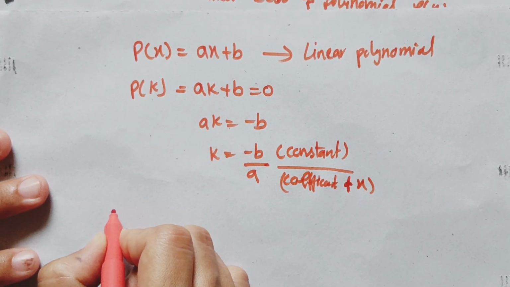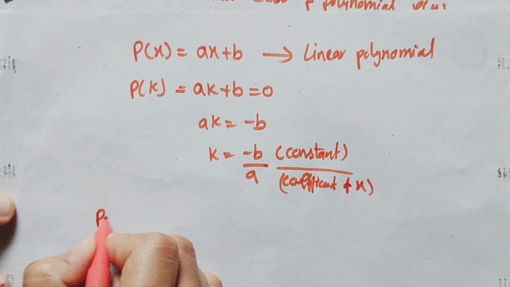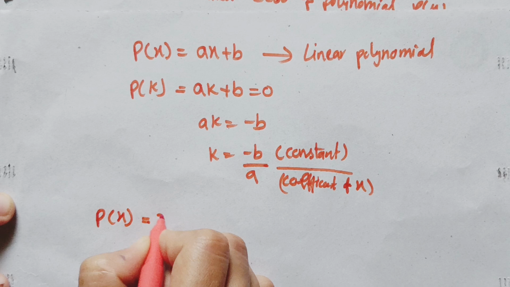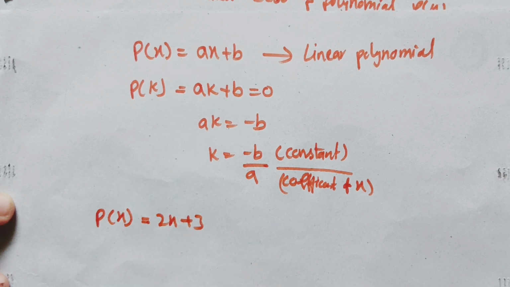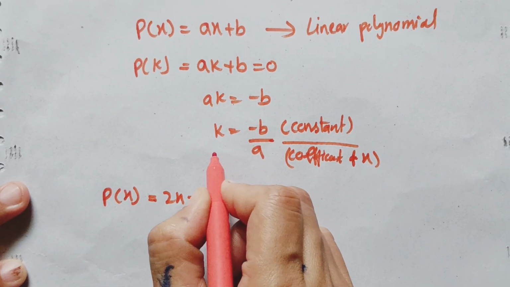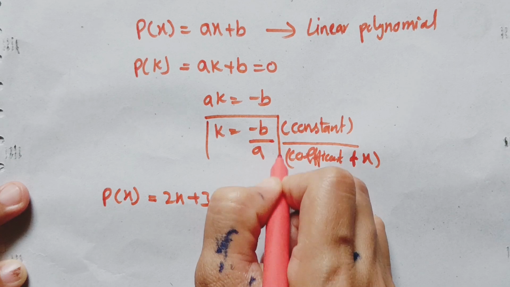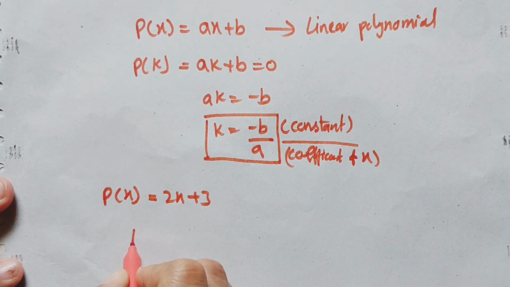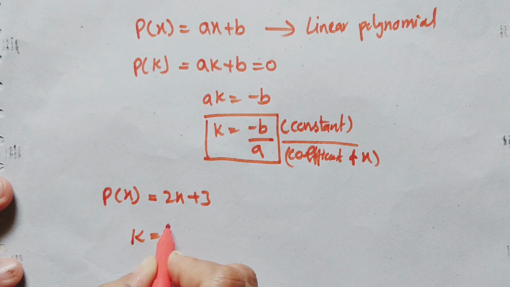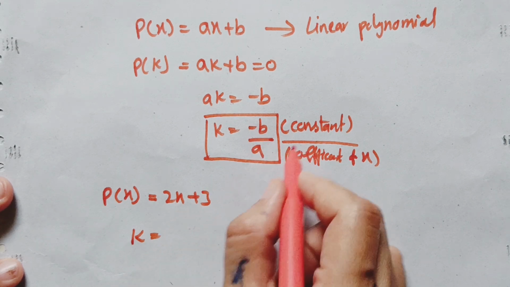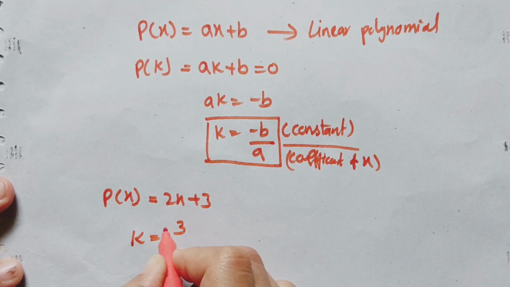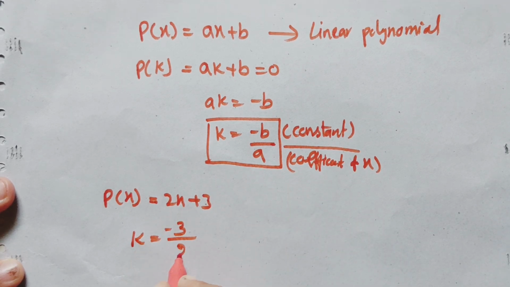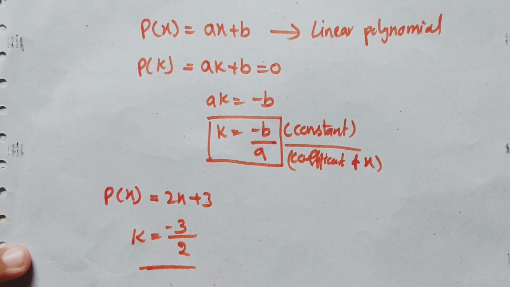Suppose you have a linear polynomial 2x plus 3. Then how to do this? We know this formula, k equal to minus b by a. So you can easily write k equal to minus b by a. B means constant. What is the constant here? Minus 3 by a. A is the coefficient of x, 2. So this is the k value.